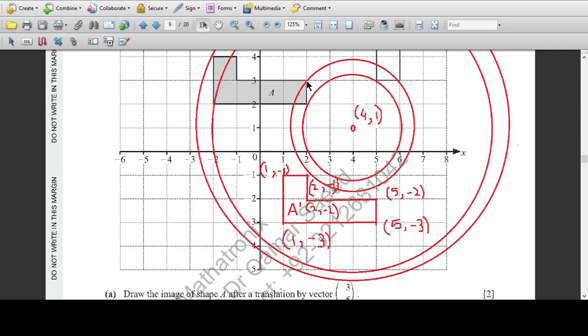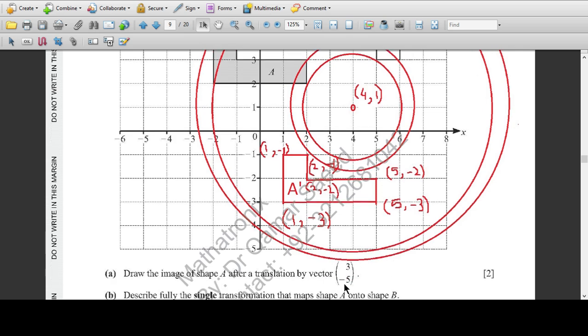So from here, for this part A, we have taken 3 on the x-axis, because this is the x-axis, and 5 on the down side. 1, 2, 3, 4 and 5. So this value is placed here by this translation of 3, minus 5.